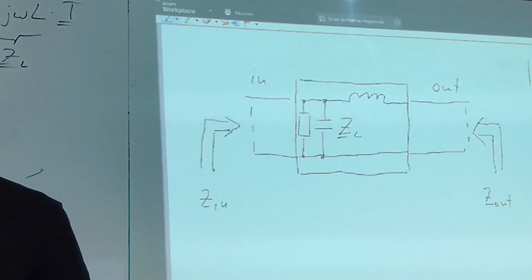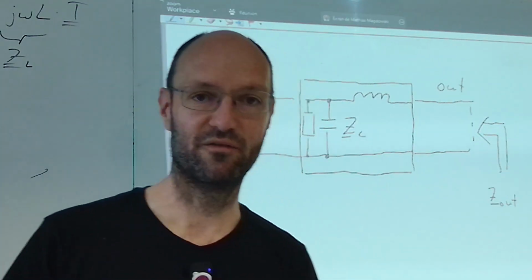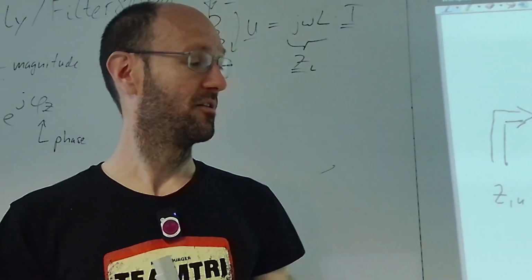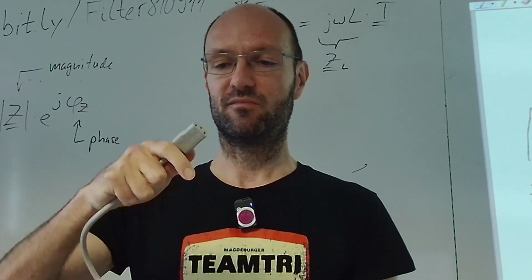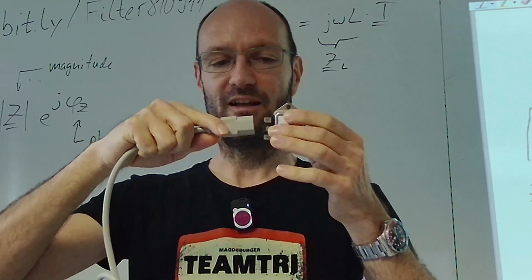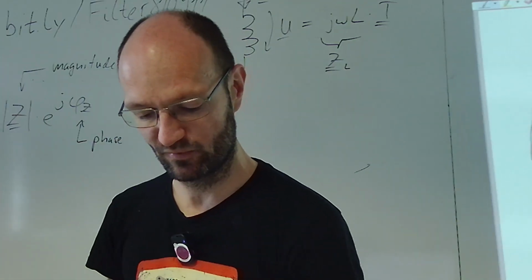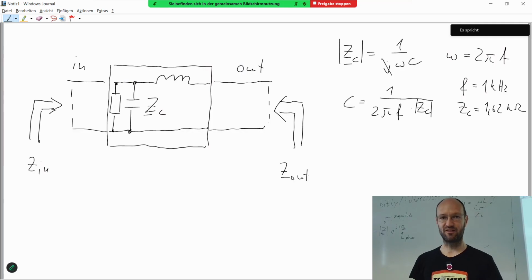Yeah, so imagine you have some device, and this device uses this filter at the input. So you have your power cable, you have the device, and at the other side of the cable, this filter would be connected. And so at the input of the filter, as we can see, there's this capacitor here.